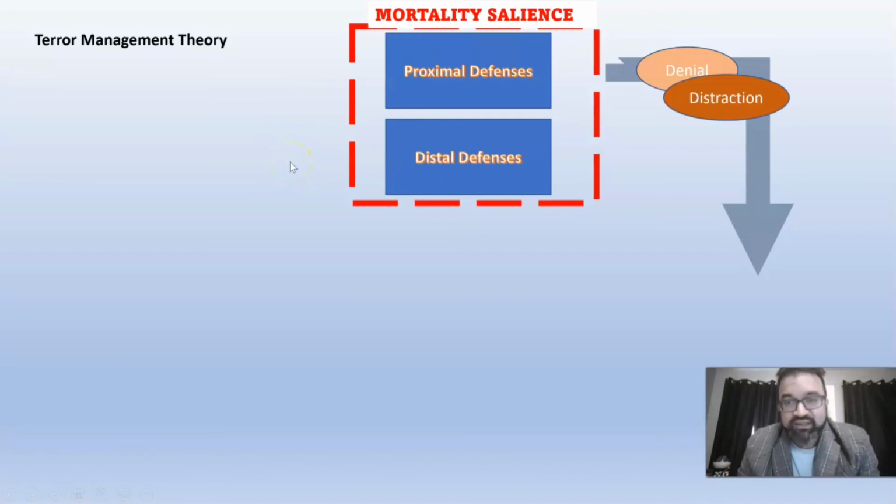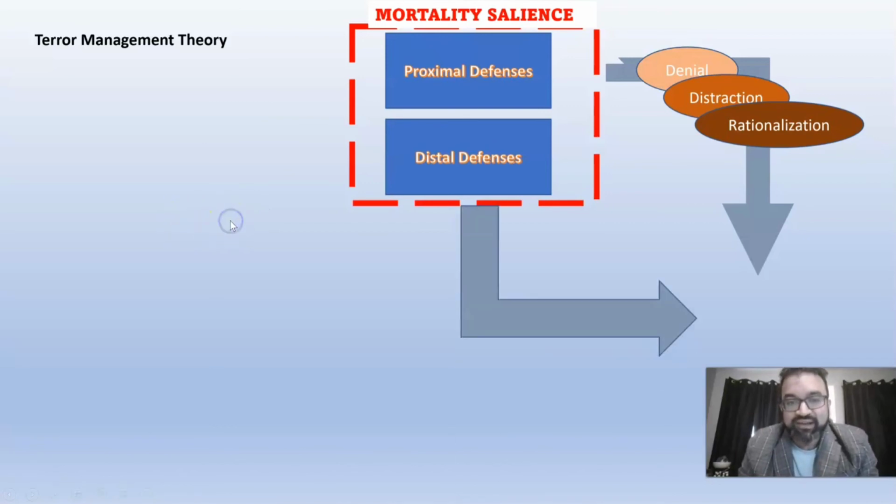Of course, then the individual tries to distract from the notion and look for other ways to cope with that. And then, of course, rationalize. So these are the three proximal defenses. And then distal defense is what is important, because these are subconscious. These are aspects that humans are not quite consciously aware of, but still are guiding their thought processes.